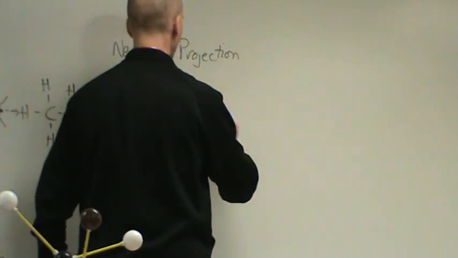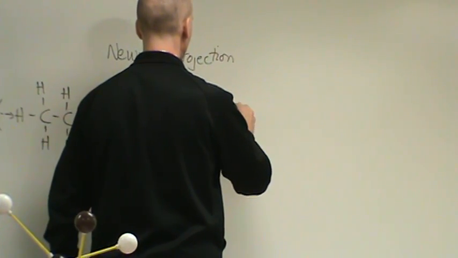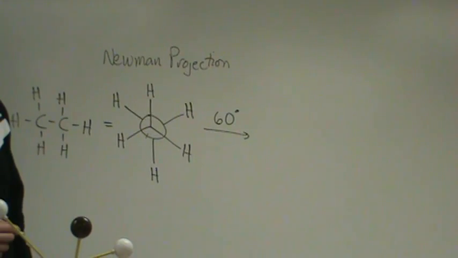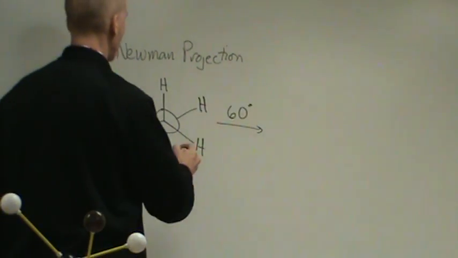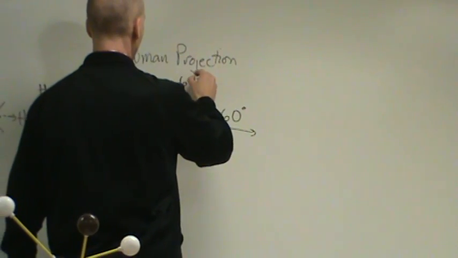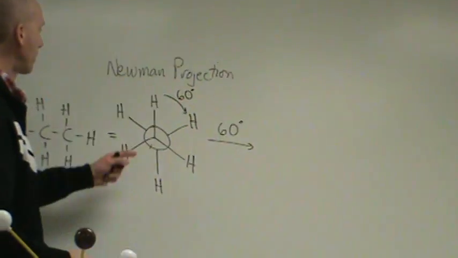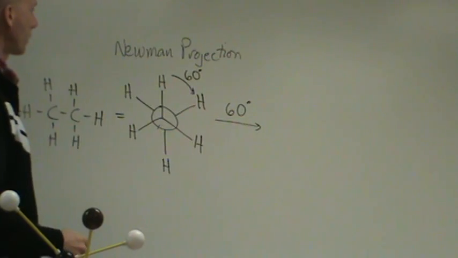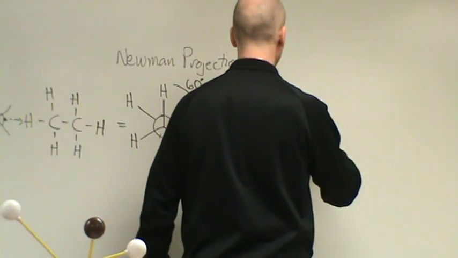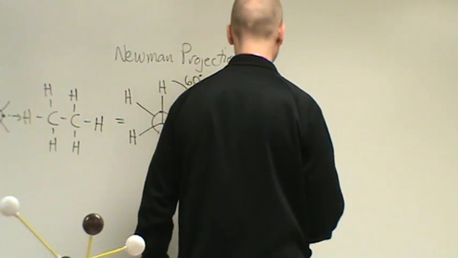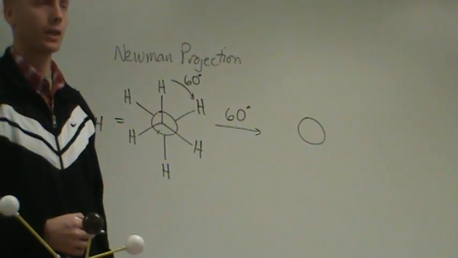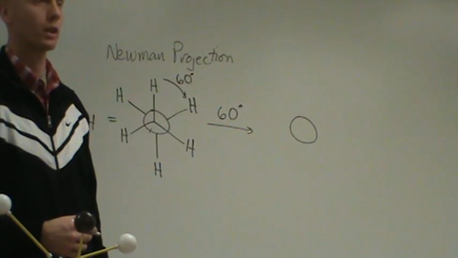So let's rotate this 60 degrees. Just to let you know, a 60-degree rotation is this angle here between those hydrogens. So when I rotate 60 degrees, let me give you a way to follow this so you can do it on your own.